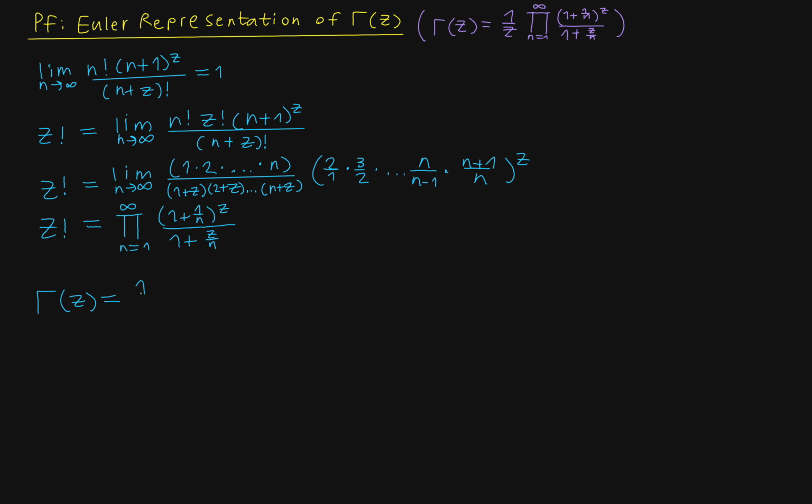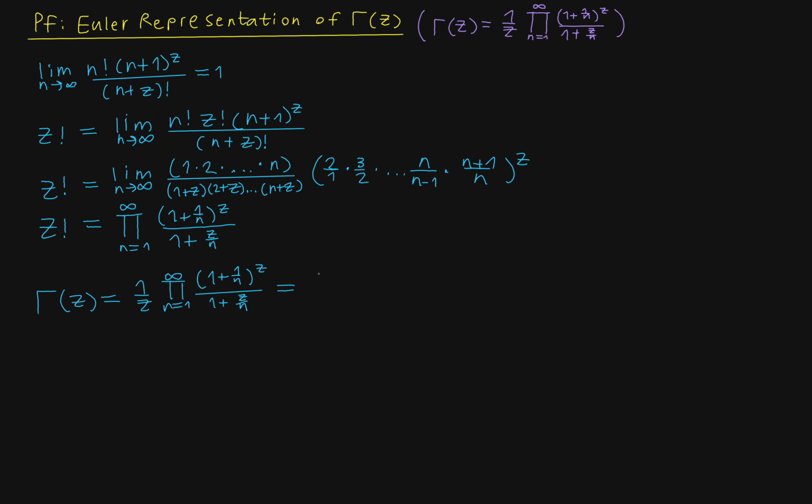So gamma of z is equal to 1 over z times the infinite product, n from 1 to infinity, of (1 plus 1 over n) to the z, and then we divide by 1 plus z over n. And now this can also still be kept in terms of a limit.